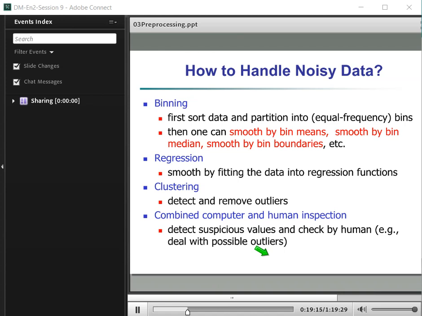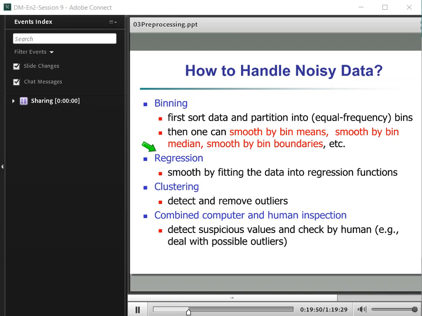So when I replace a value with mean or median, I'm trying to apply my idea that the data should be placed in a specific range. I'm trying to apply this rule.